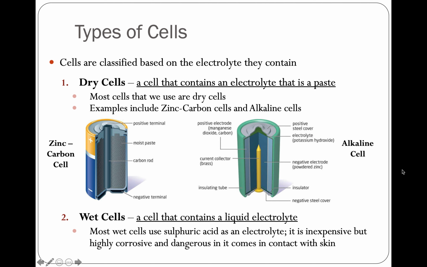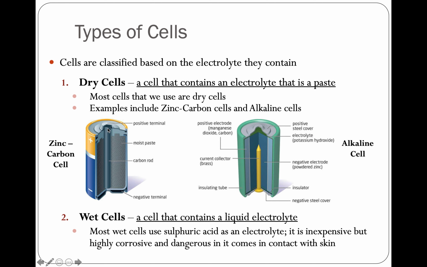Okay, what types of cells do we have? We can classify them by the electrolytes that they contain. A dry cell will contain, as it says, a solid or paste-type electrolyte that's not fully liquid, right? So those are called dry cells. You have zinc-carbon, you have alkaline dry cells, and basically you have a positive and negative terminal, a carbon rod, and then you have the paste, that's the electrolyte.